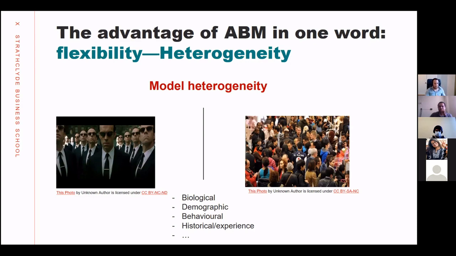Historical experiences are difficult to model in other types of modeling, equation-based models and other types of simulation models. The agents remember what they've done in the past, and that might influence their decisions in the future.